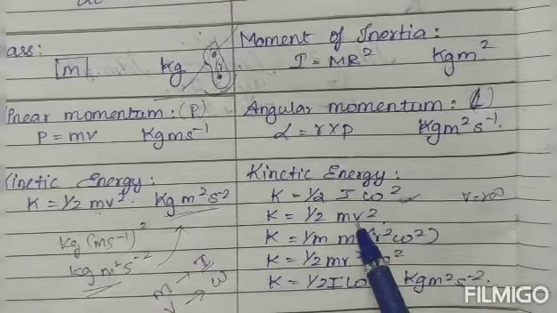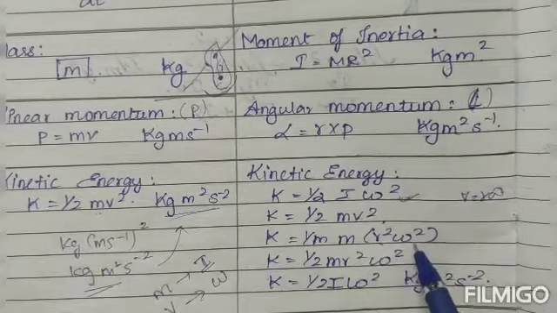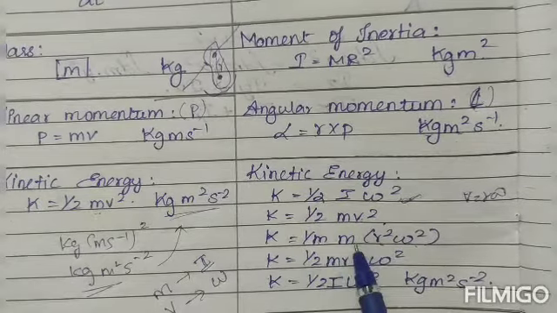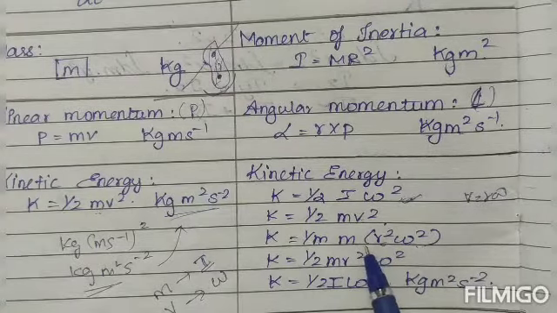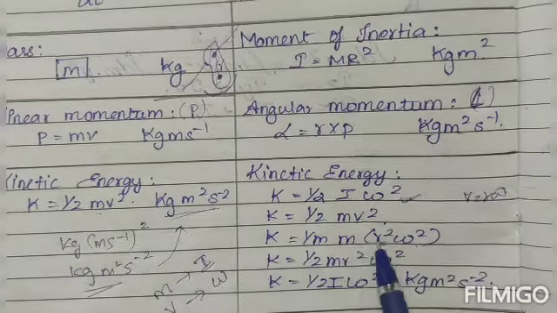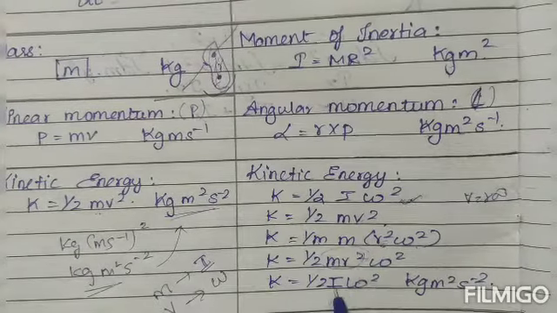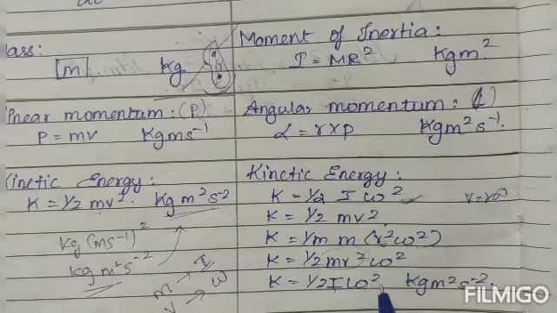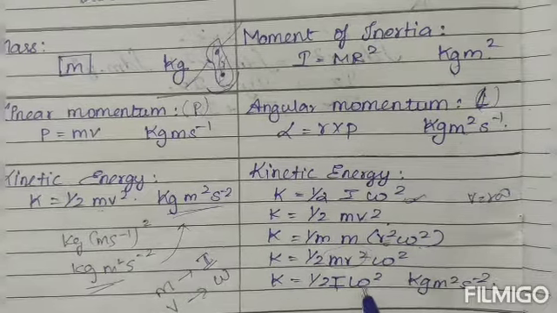So instead of v, I put r omega. Here v squared, so I can write r squared omega squared. So half into m into r squared into omega squared. You know mr squared means mass into radius squared, that is the moment of inertia. So instead of mr squared, I can write I, and omega squared is already there. Like this we can derive the rotational kinetic energy from the linear.